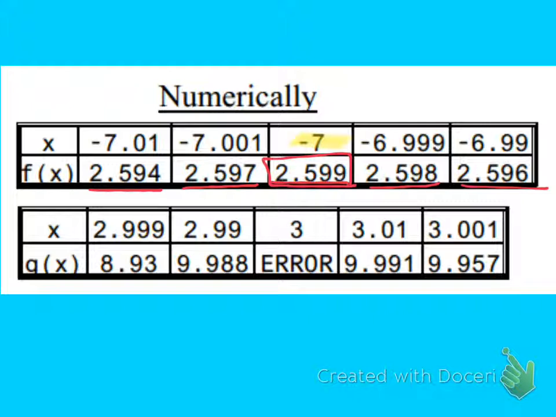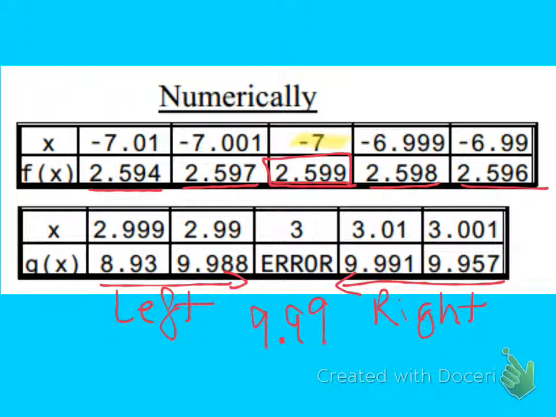But let's look at Q of x, or maybe that's G of x because of the border. It follows in the next table that as we are getting closer and closer to 3, coming from the left, and closer to x equals 3 from the right, we are surrounding a number that appears to be extremely close to some form of 9.99.